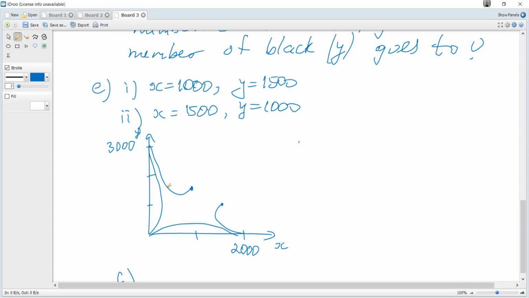It definitely tends to this, so in this direction, in this direction, and in this direction. And that's all for this question.